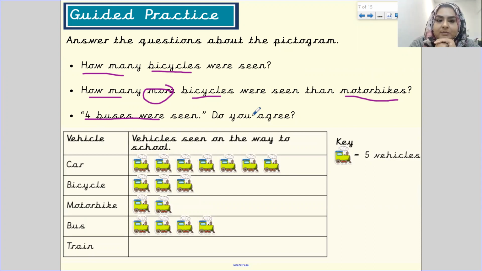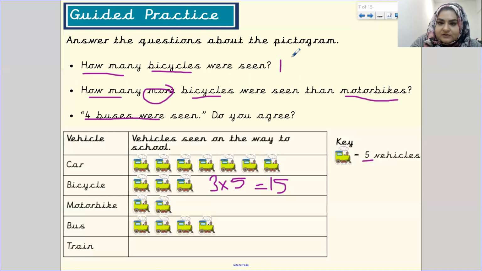Okay, now it says how many bicycles were seen. I've got 3 pictures here, and I'm going to times those 3 by 5 because 1 picture means 5. So I know 15 bicycles had been seen.